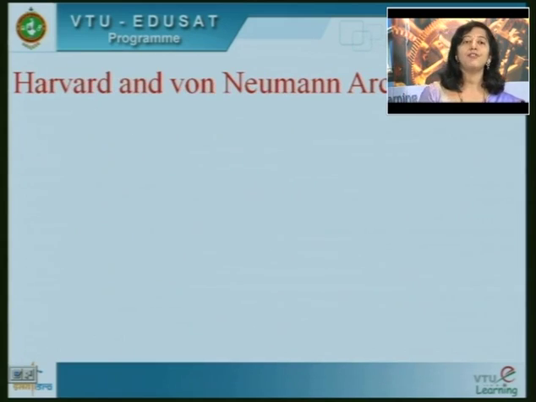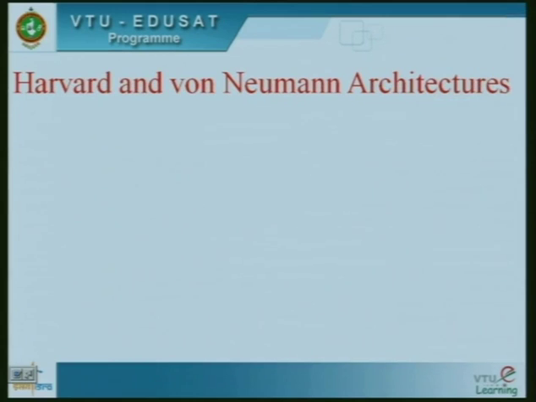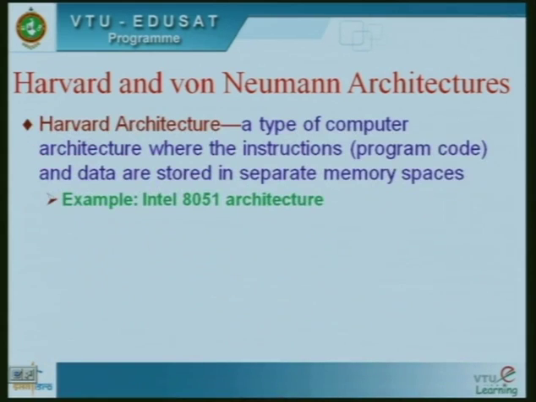Now coming to the different classification of architectures, we can classify architectures based on different criteria. The first criterion is based on how the memories are used. Based on how memories are used, we classify architectures into two types, the Harvard architecture and the von Neumann architecture. So what is this Harvard architecture?